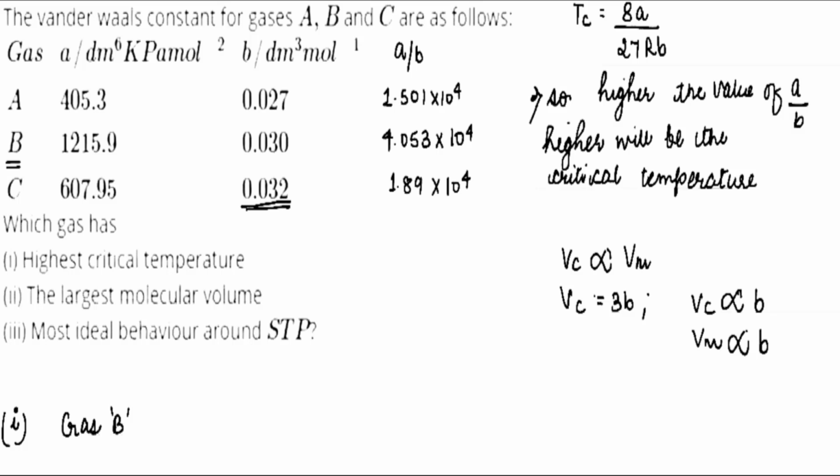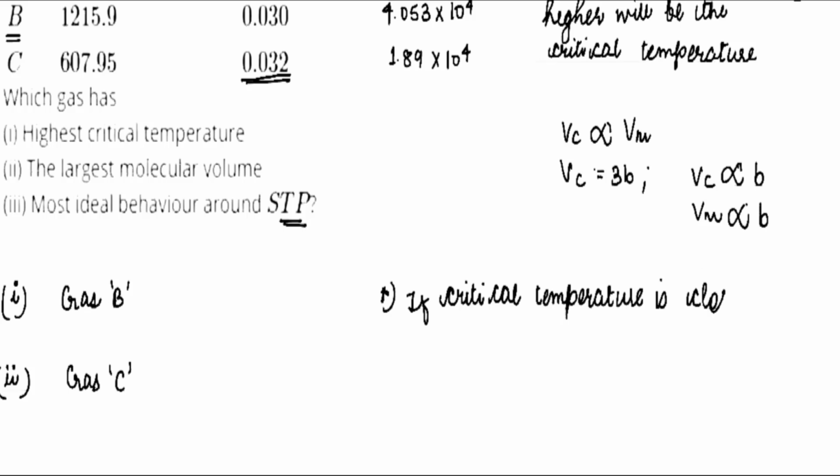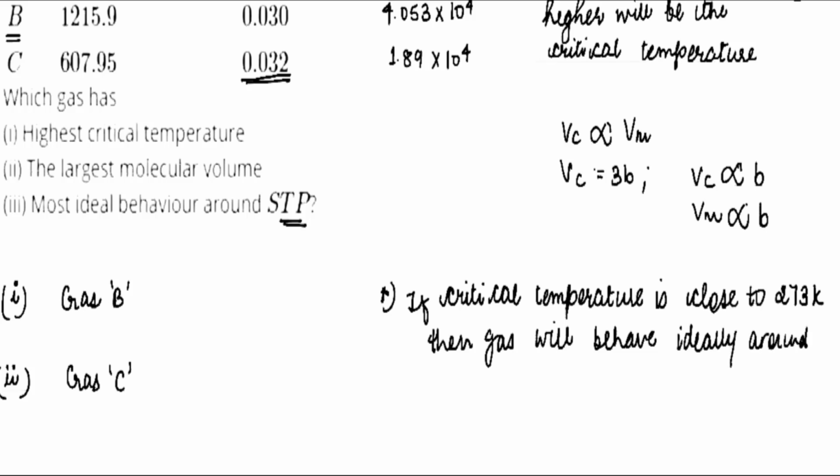Now see, the third question is the most ideal behavior at STP. So here the concept used is: if the critical temperature is close to 273 Kelvin, then the gas will behave ideally around STP.